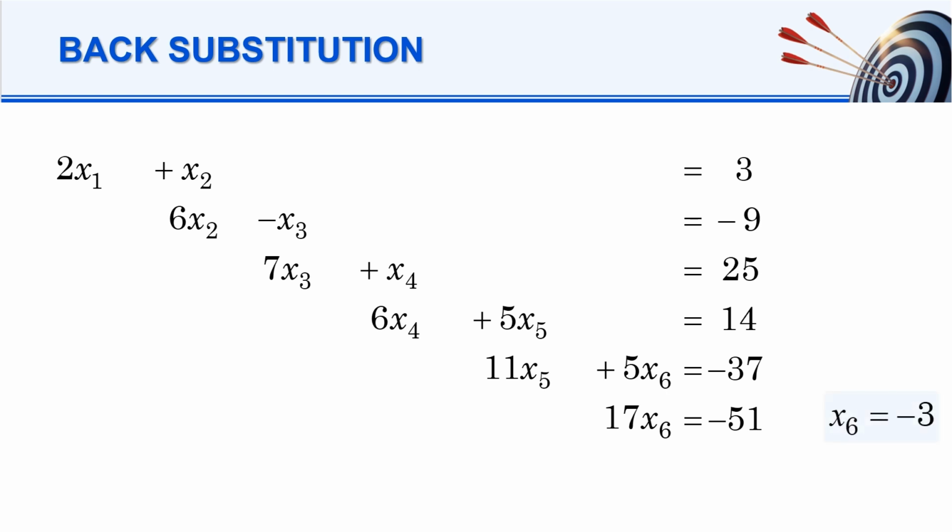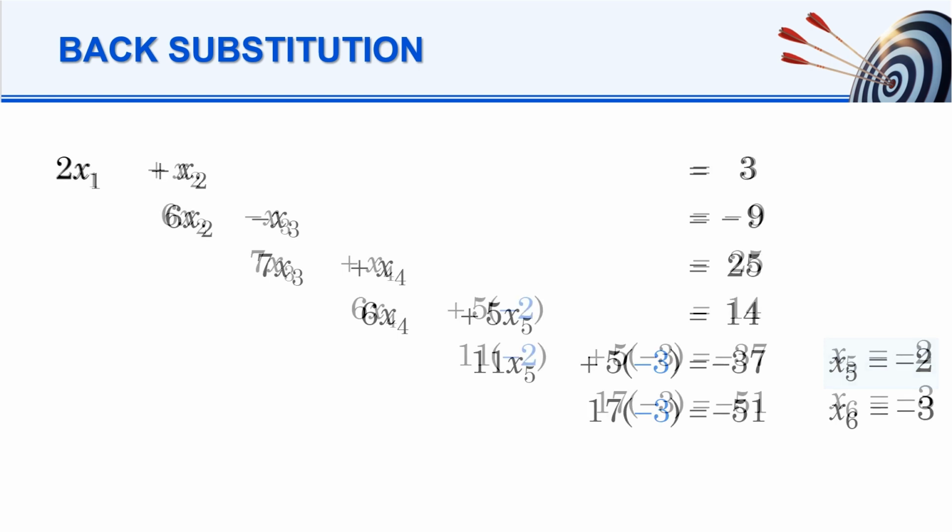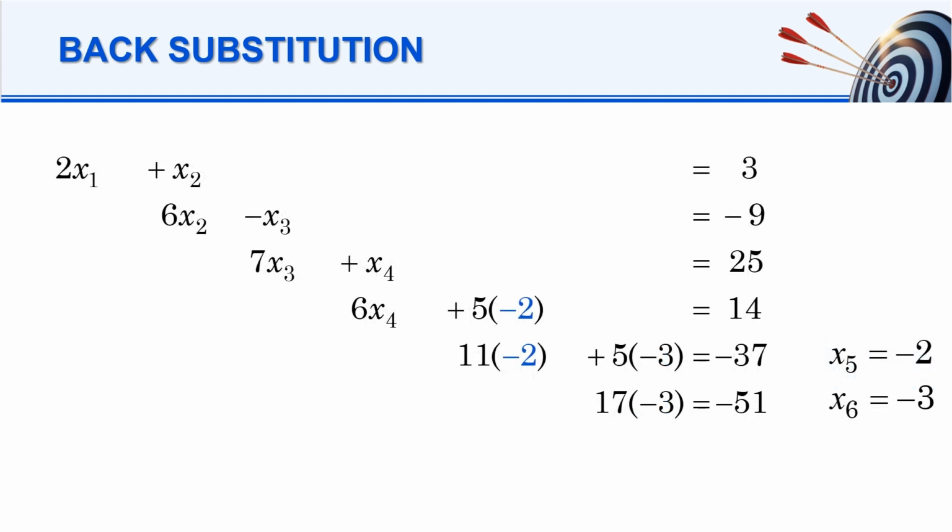Once we substitute x6 into the above equation, we can solve it for x5. Likewise, we substitute x5 into the above equation and solve it for x4. Substituting x4 into the above equation, we find x3.